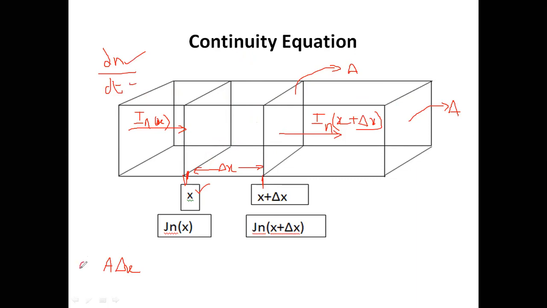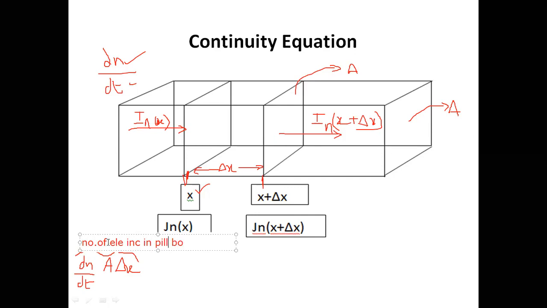And if I multiply dou n by dou t with A into delta x, the volume here, then I will get the number of electrons increasing in the pillbox, or simply in this pill.